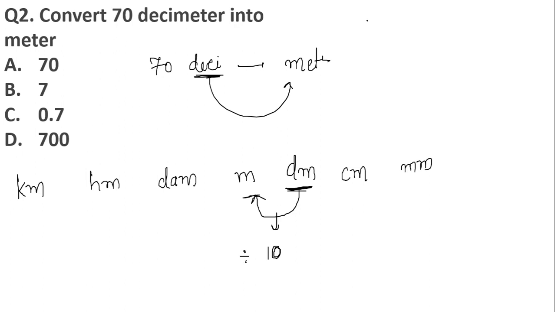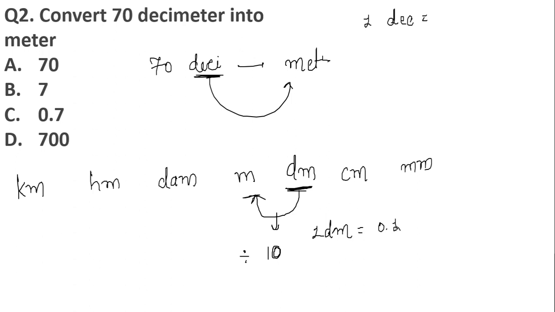So 1 decimeter is equal to, can I take this now? Look here. Now can I take this as 1 decimeter is equal to 0.1? Why? Because I am dividing it by 10.